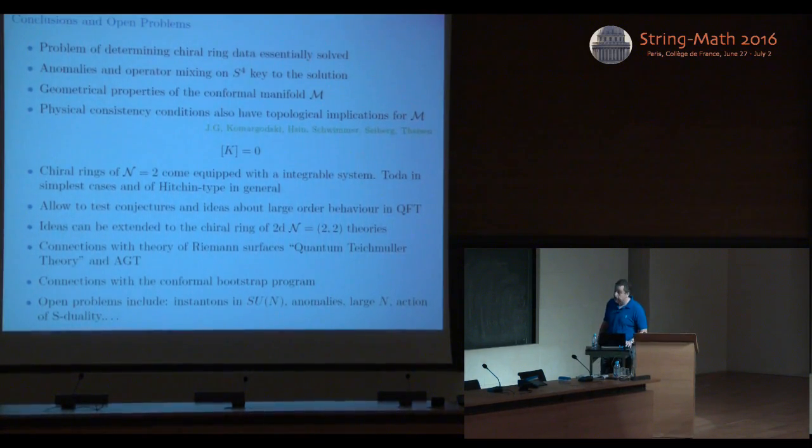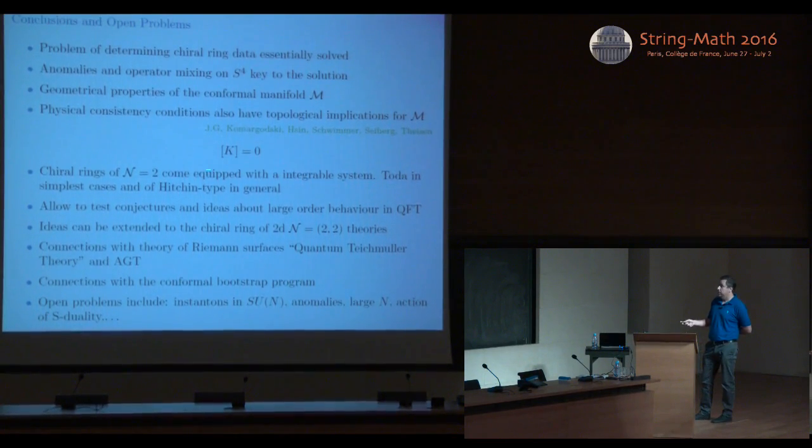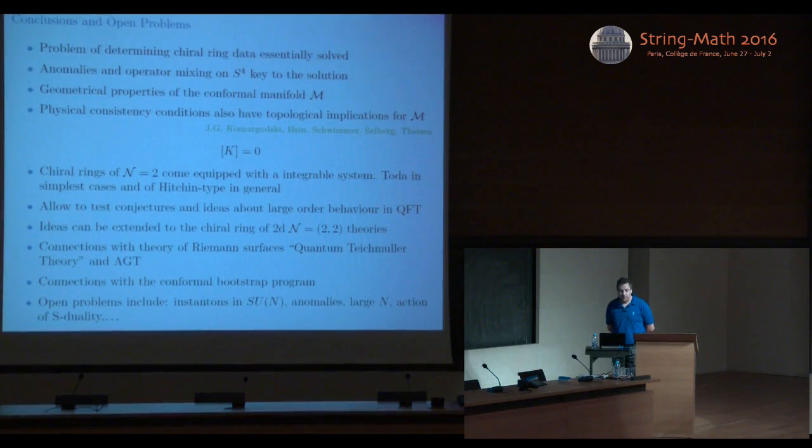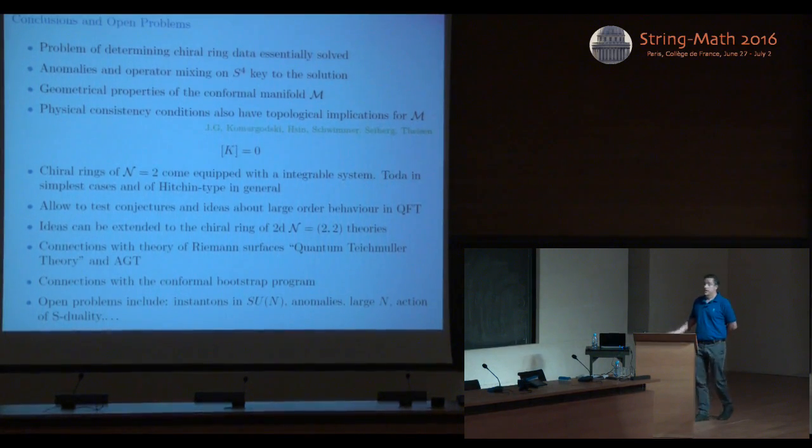The other thing that we saw is that chiral rings in N=2 superconformal field theories come equipped with an integrable system that can be derived from the tt* equations. In the simplest cases, you get semi-infinite Toda chains, but in general, you get more complicated integrable systems of Hitchin type.